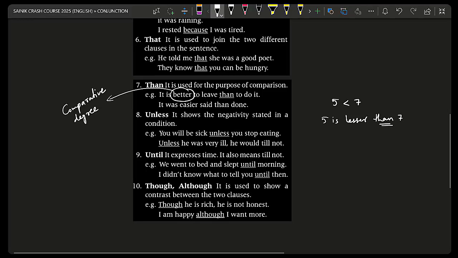Manaswini, doubts? Yes, sir, I have a doubt. Sir, why will we use "because" when we can use "so"? To use "so", first we say the reason, then we say the consequence. For example, I feel thirsty, so I'm drinking more water.